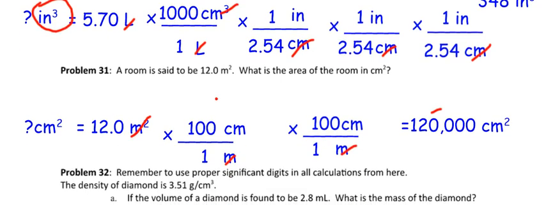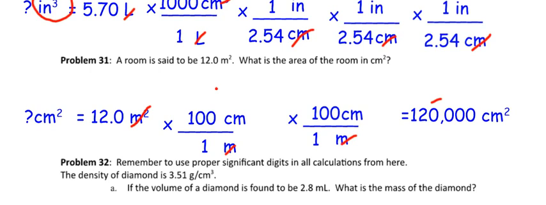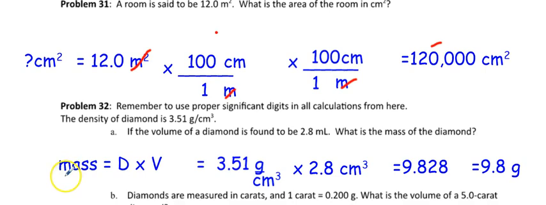Okay, so what's going on here? So we can go back to our old buddy density again, all right? So the density of a diamond is 3.51 grams per cubic centimeter. If the volume of a diamond is found to be 2.8 milliliters, what's the mass? Well, mass is grams, isn't it? So really you're doing question mark grams, all right? And then here is my density.